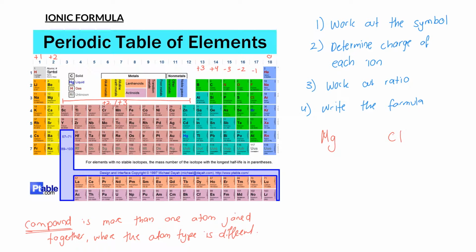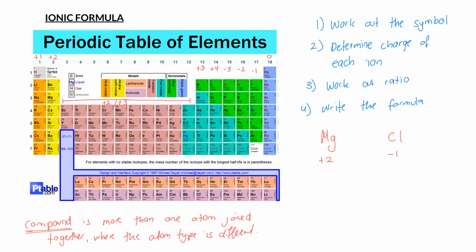Okay, so if we look up our group, magnesium's charge is going to be plus 2, and chlorine is going to be minus 1. So magnesium wants to give away 2 electrons, and chlorine only wants to receive 1. So in a 1-to-1 ratio, magnesium is not being satisfied. It's not giving away all of its electrons, because chlorine only wants 1.